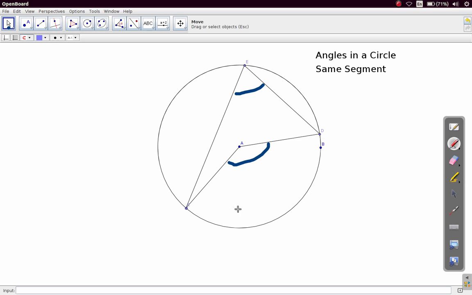Now, let me draw a line. If this is a chord, another way to put it is that when you have angles that lie on a chord, remember this is my chord, if the two angles lie on the same chord, then the one at the center is twice the one at the circumference, right?